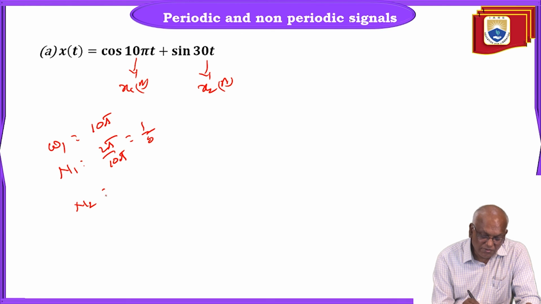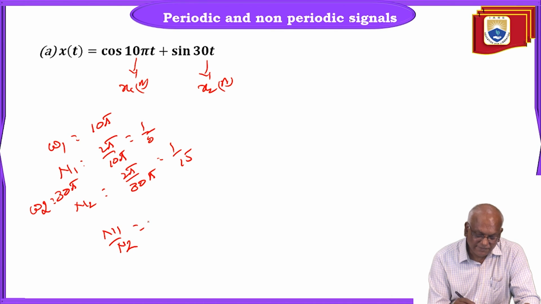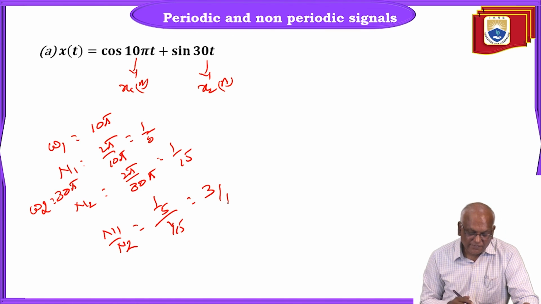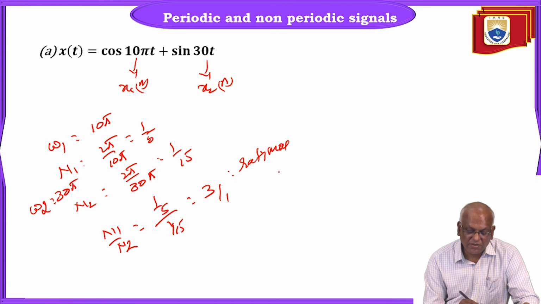For N2, 2 pi divided by omega 2 equal to 30 pi, which is 1 by 15. So N1 by N2 is 1 by 5 divided by 1 by 15, which is 3 by 1. It is a rational number. So it is a periodic signal.